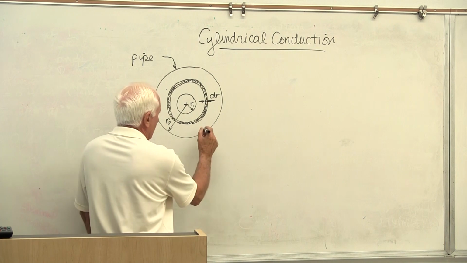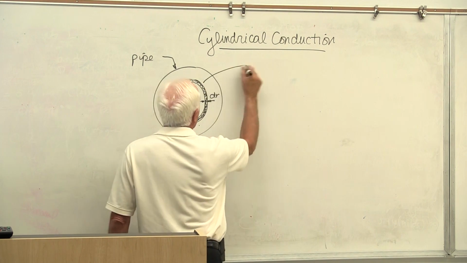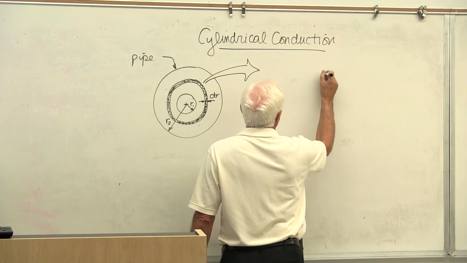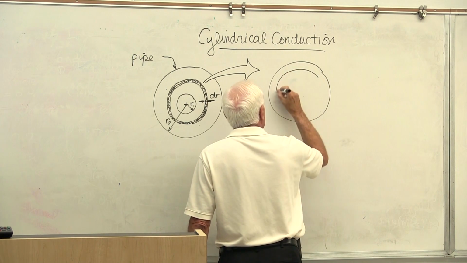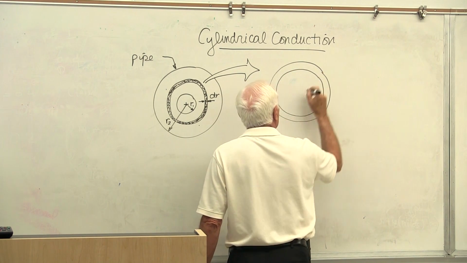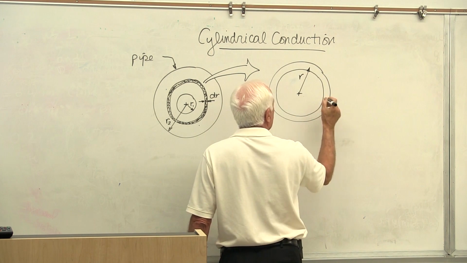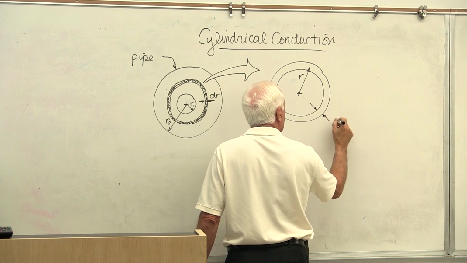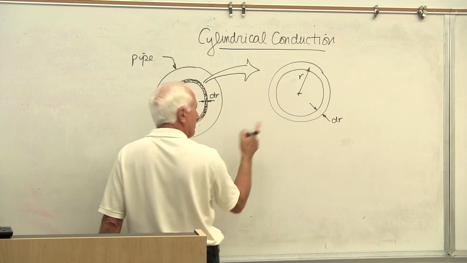Now we take that little thin strip out. Let's put it over here. Here's the little thin strip. Here's the general radius r. The thickness of this is dr. And now we're going to run an energy balance on that.